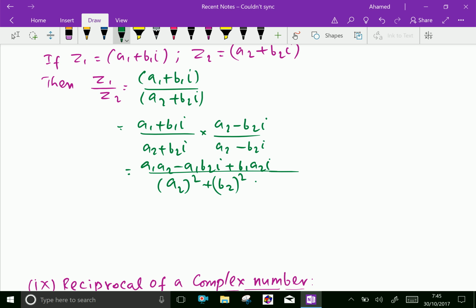Last is b1 into b2 is b1 b2, i squared is minus 1, that is minus b1 b2.